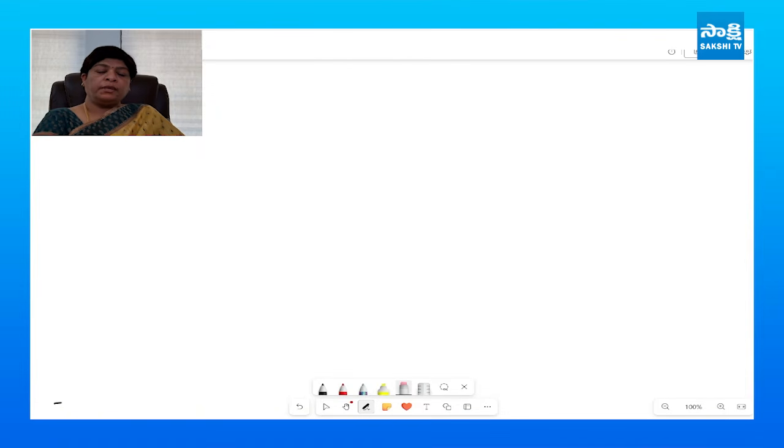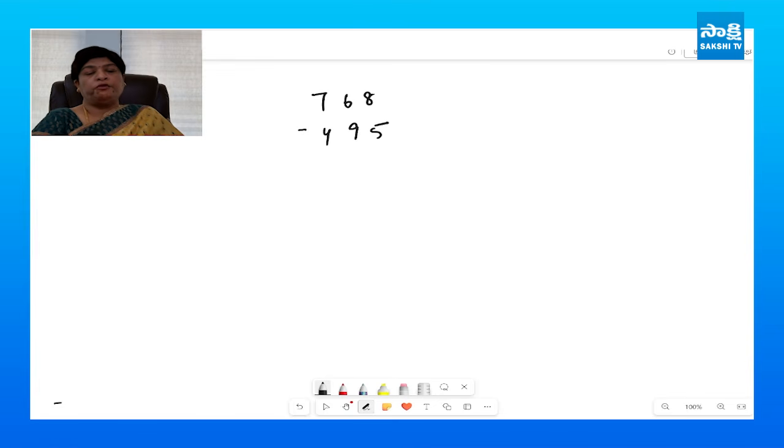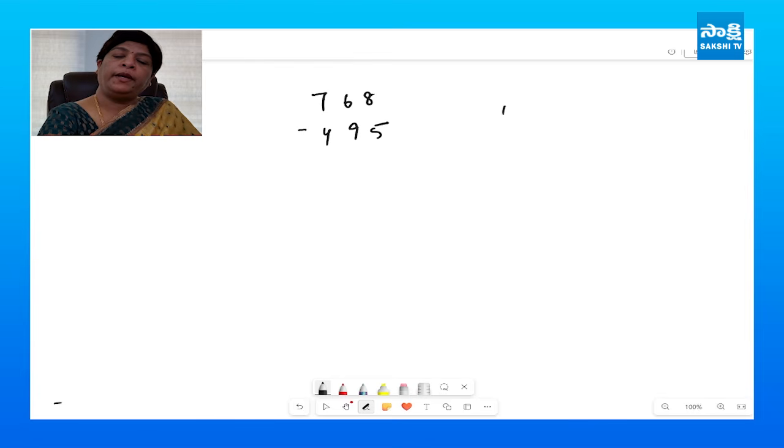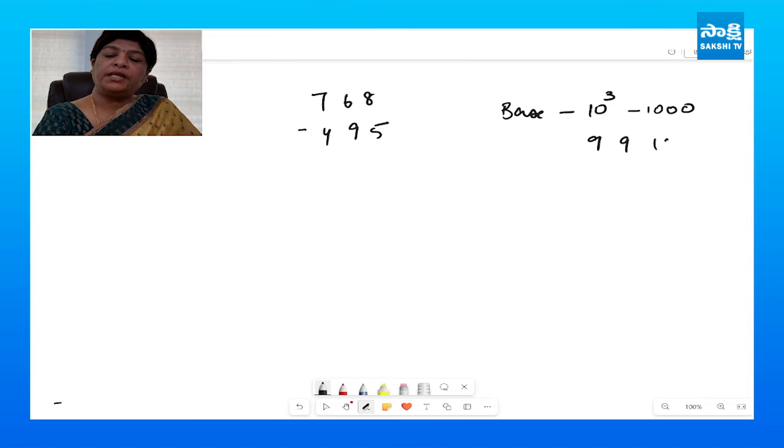Let's see one more example. Let's subtract 768 minus 495. So here our negative number is 495, which consists of 3 digits. So our base would be 10 to the power of 3, which is 1000. Next step would be to find the Nikilam of the negative number, which can be done using Nikilam Sutra. So subtract all the digits from 9 and the last digit from 10.